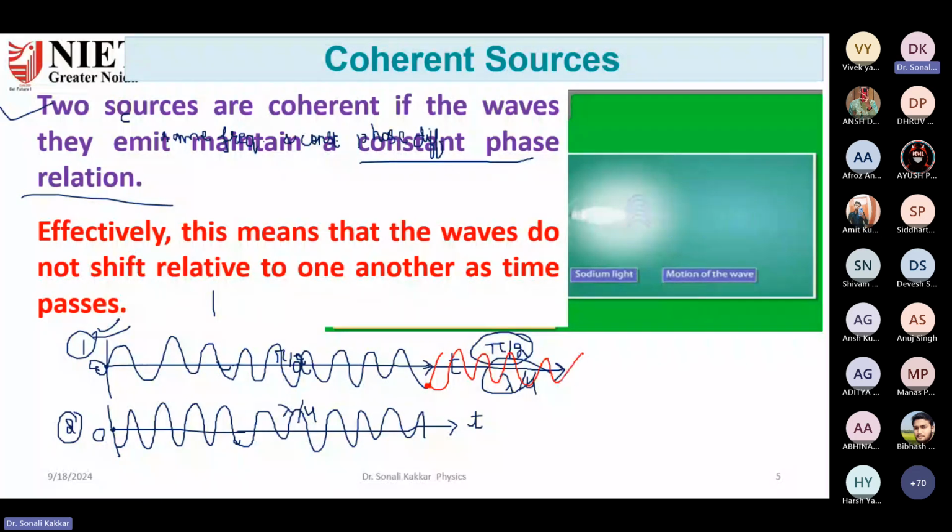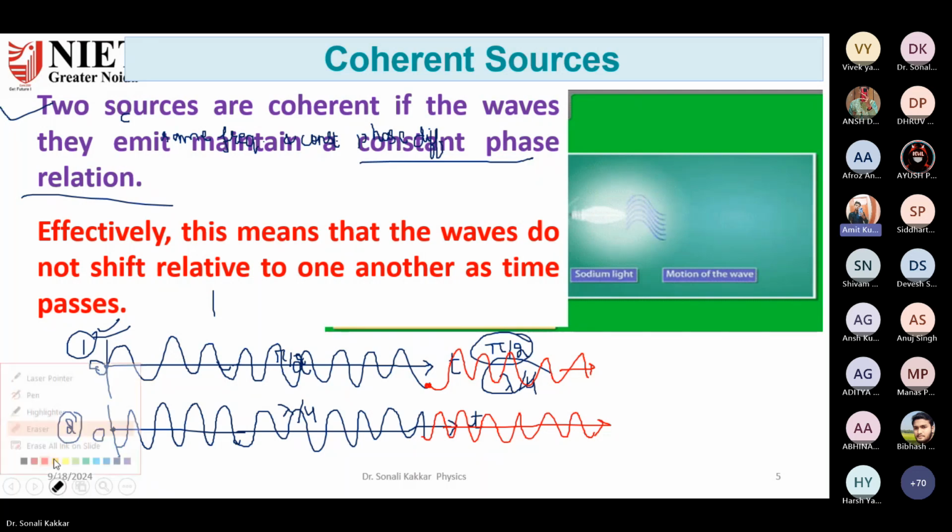What will happen to the phase difference between these two waves, whereas these waves keep on oscillating like this? Will the phase difference change or not? It changes.